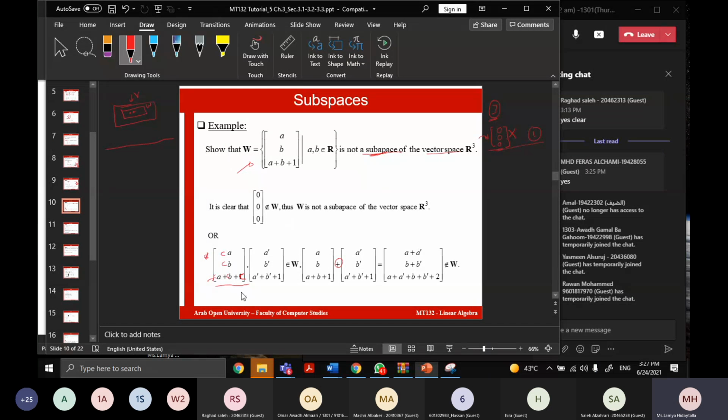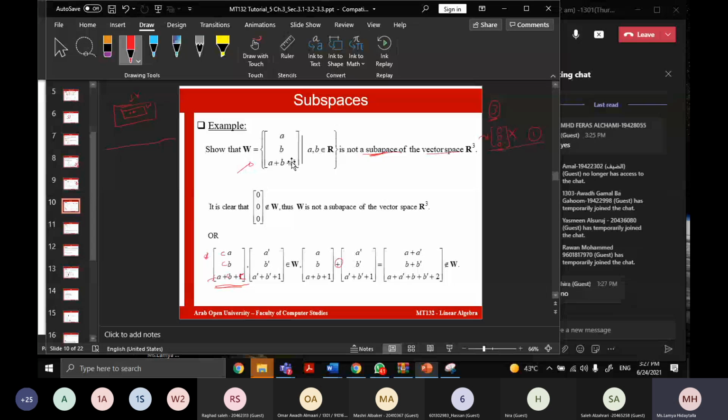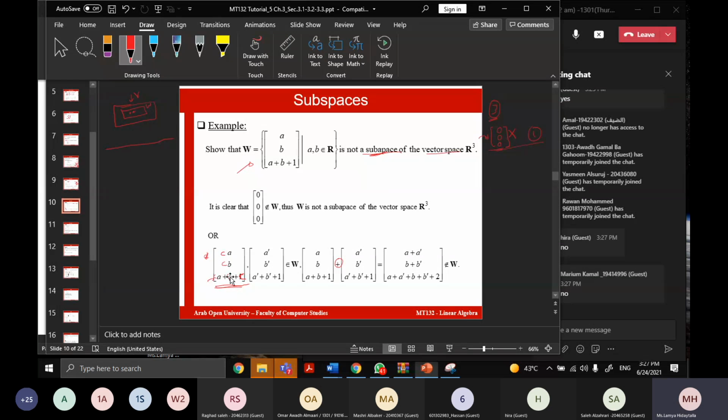Is the resultant as well an element in this space or no? That means, does it look like the elements here? First, second, addition of the first to second plus 1. No, it is not. So this is CA plus C, but this is plus C, not plus 1.